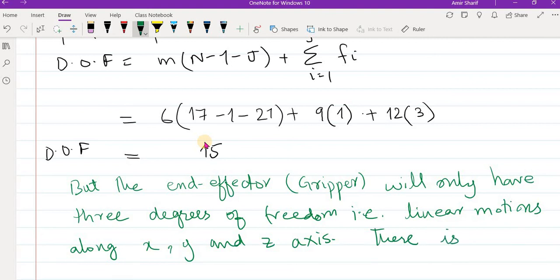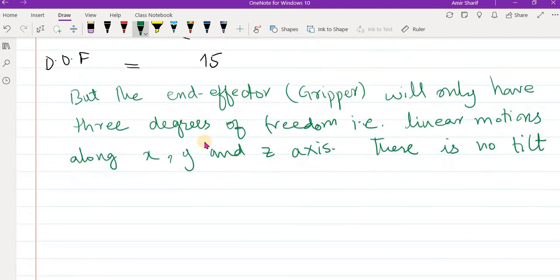There is no tilt or rotational motion of the end effector.